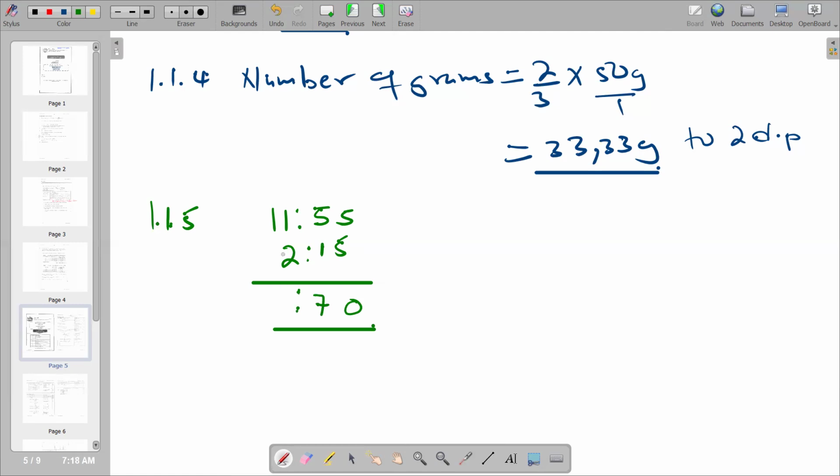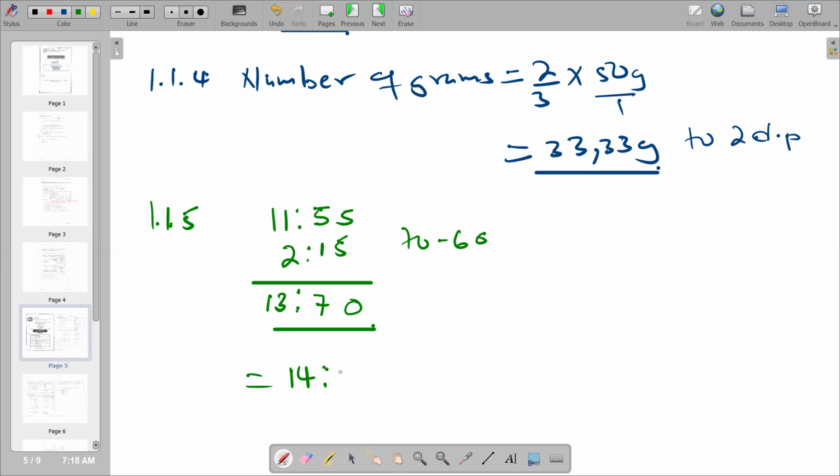And then here is going to be 13 on the hours part. So we have got 13 and 70. So obviously, out of 70, we get another hour that we can add to 13 to become 14. If you remove 60 minutes out of 70, we make 1 hour and add it to 13, it becomes 14. And 70 minus 60 minutes that we take becomes 10.